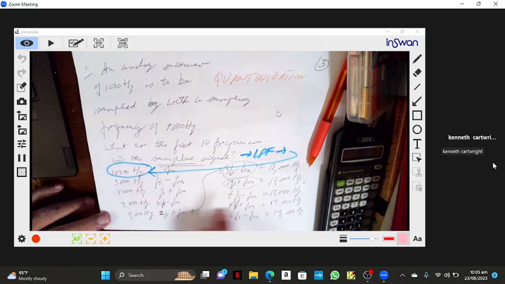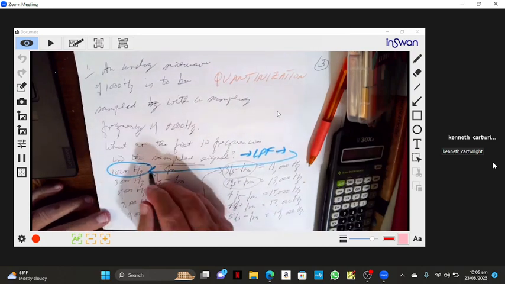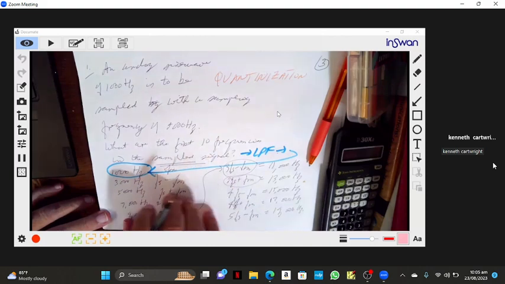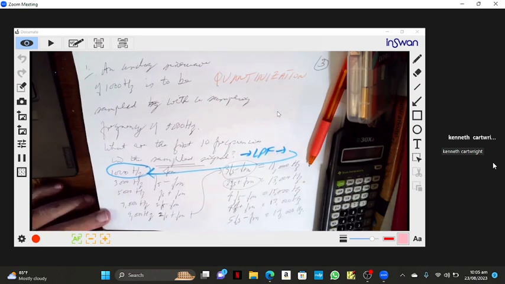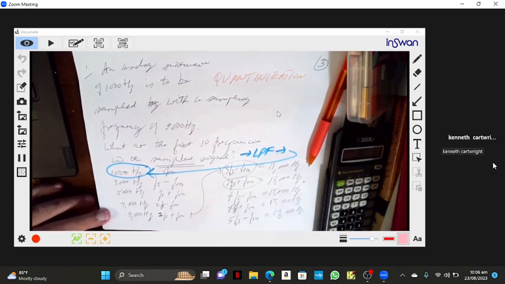This is where we ended last class. We get back our original signal by passing the sample signal through a low-pass filter. What must be the cutoff frequency of this low-pass filter? 1,000 hertz, that's the very lowest.